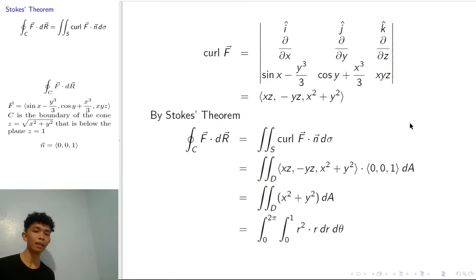So you'll get 2 pi multiplied by the integral of r cubed with respect to r evaluated from 0 to 1. That's r to the 4 over 4 evaluated from 0 to 1. The evaluation at 1 is of course 1/4. The evaluation at 0 is 0. So if you take the product of 2 pi and 1/4, you get your final answer, which is of course pi over 2.